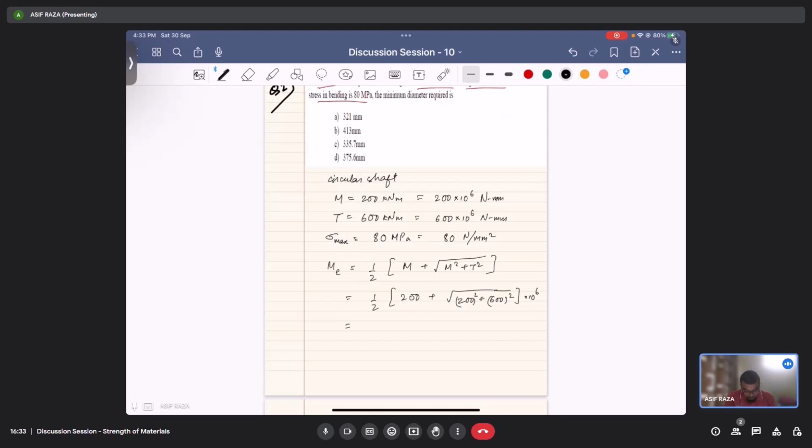So let's solve this. 200 plus root of 200 square plus 600 square.